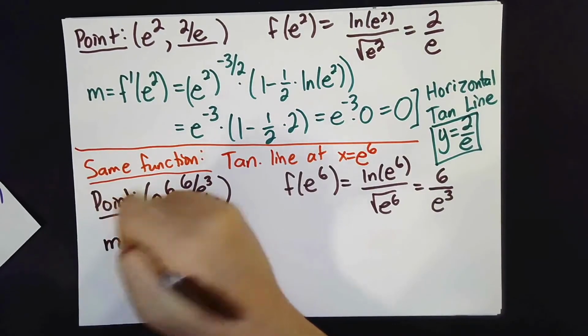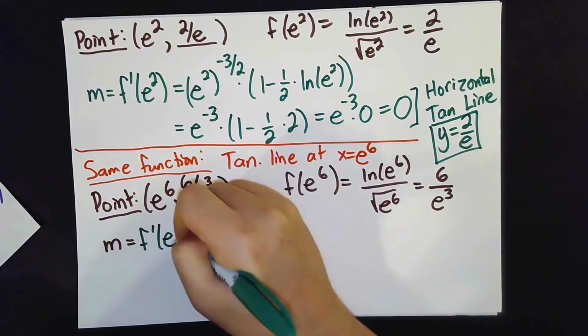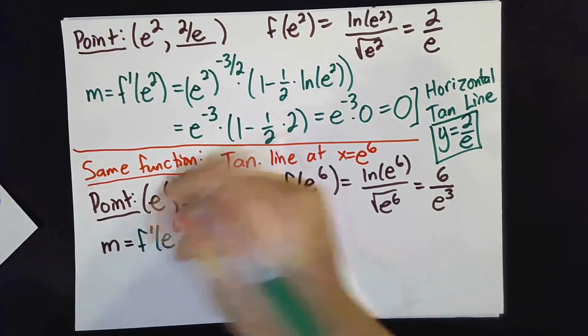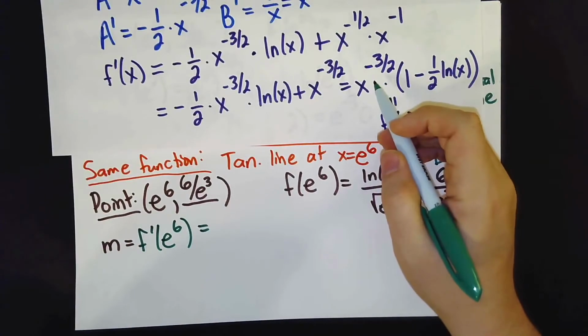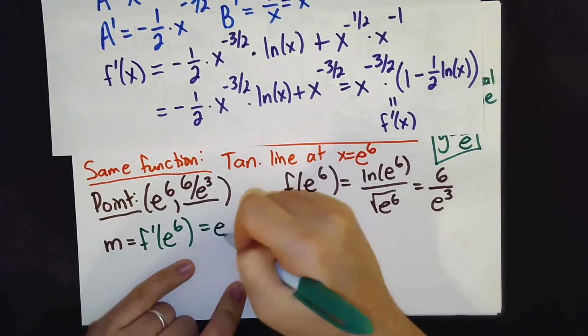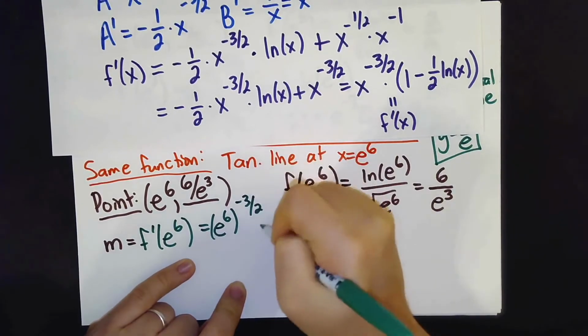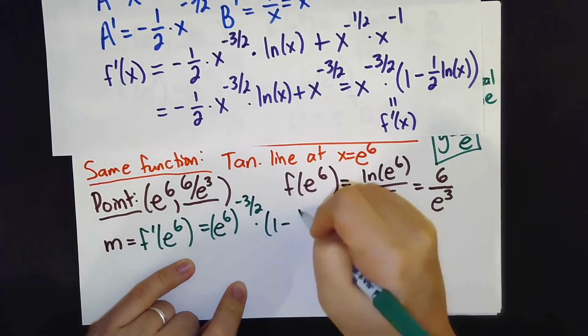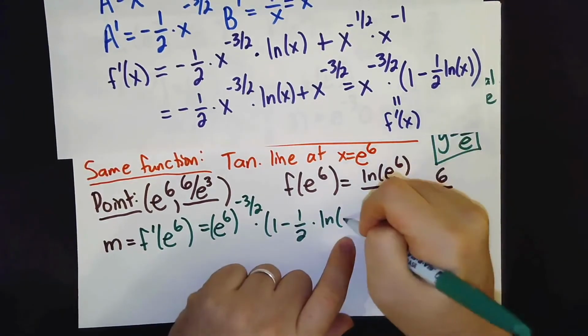Likewise, to find the slope, I can plug e to the 6th into the derivative. We did find the derivative. So this is going to be e to the 6th to the minus 3 halves times 1 minus 1/2 times the natural log of e to the 6th.